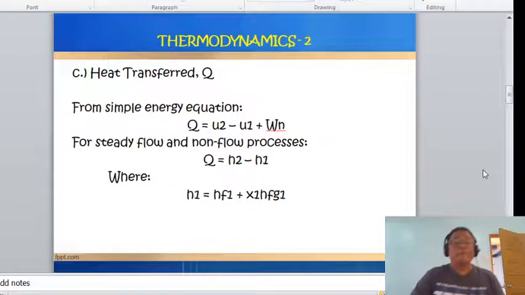Okay? So we have very short equations, very limited.